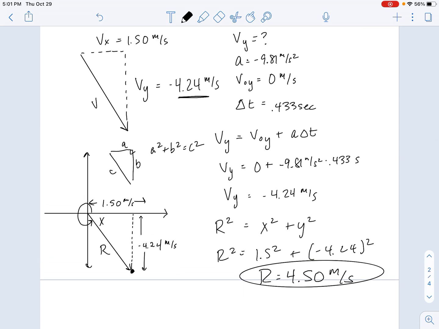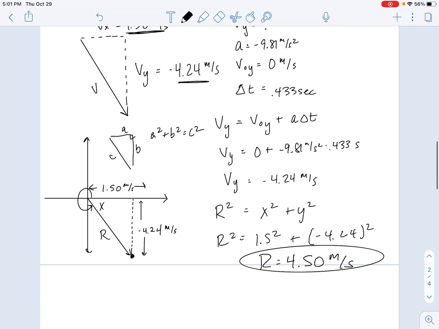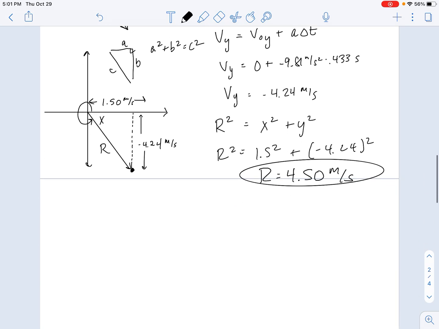That's a little bit more than just the vertical component because I added the horizontal component, and I added it as a vector. Okay, now let's figure out these angles. If I want to find out angle X here, the angle below the horizontal, I would say that the tangent of X equals the opposite side over the adjacent side.